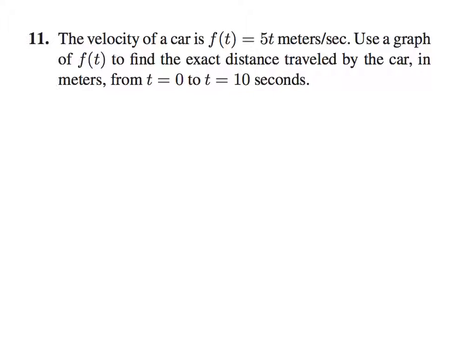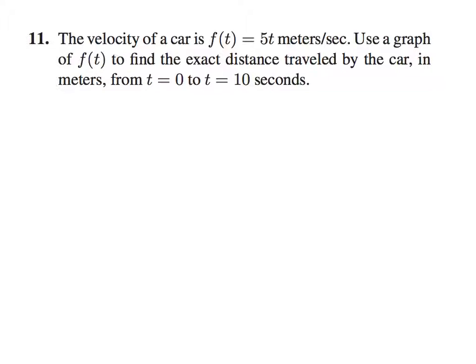So in the previous examples we actually approximated, so we estimated the exact distance traveled. In this problem here, that's 5.1 number 11, we'll actually be able to compute it exactly. And the reason why we can do this is geometry.